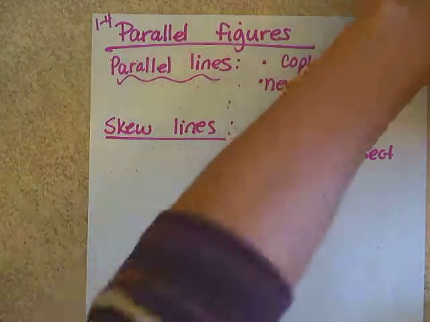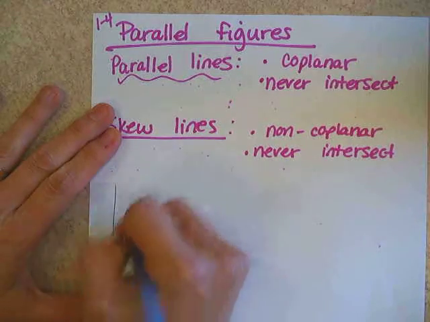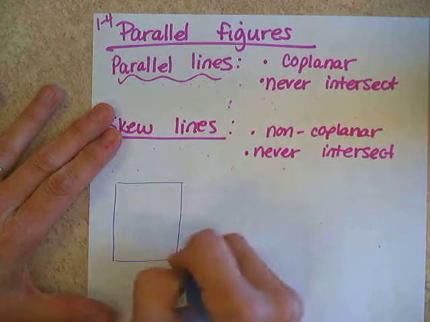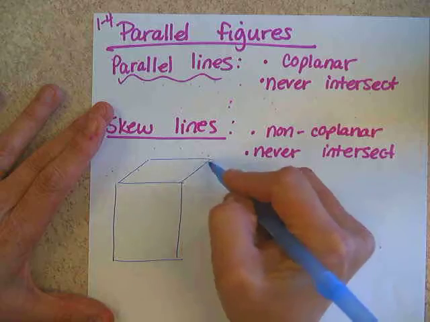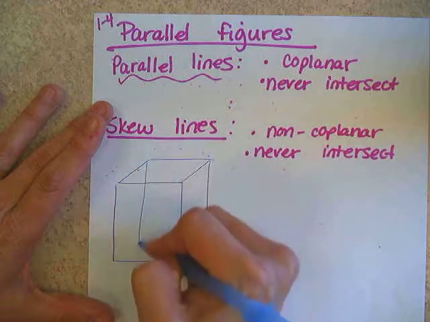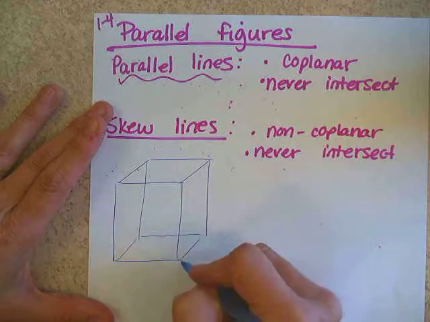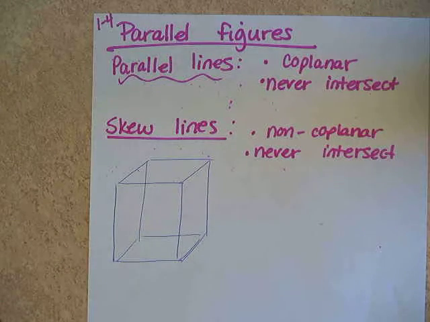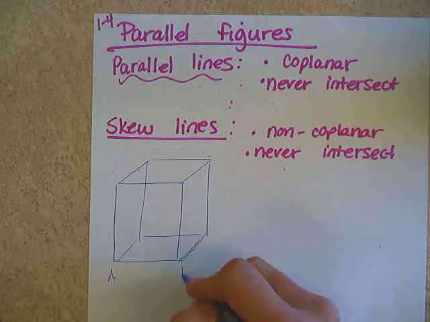So we're going to draw a picture to try and give you some examples here. So we're going to do a box. You can do your two rectangles and connect those if you would like.